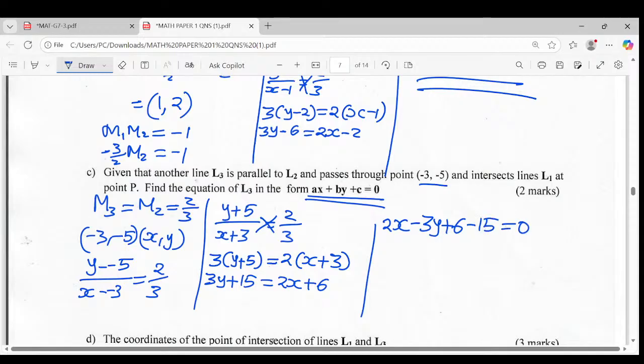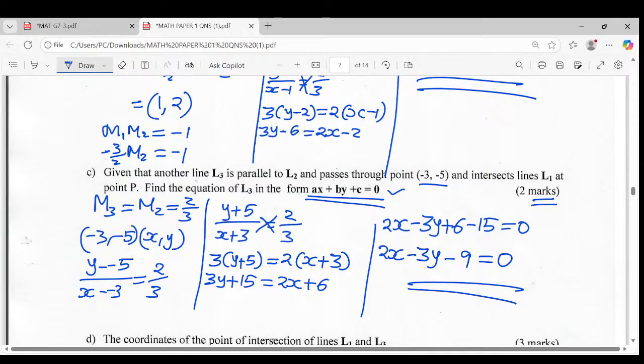So this is going to be 2x minus 3y, then you have a positive 6 minus 15. That should be -9. So this gives you -9 being equivalent to 0. Now you would have written it in the form in which they wanted, and you'll be having your 2 marks.